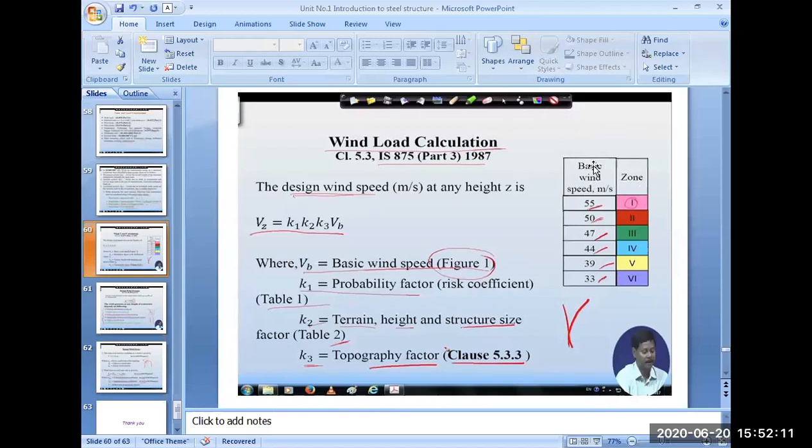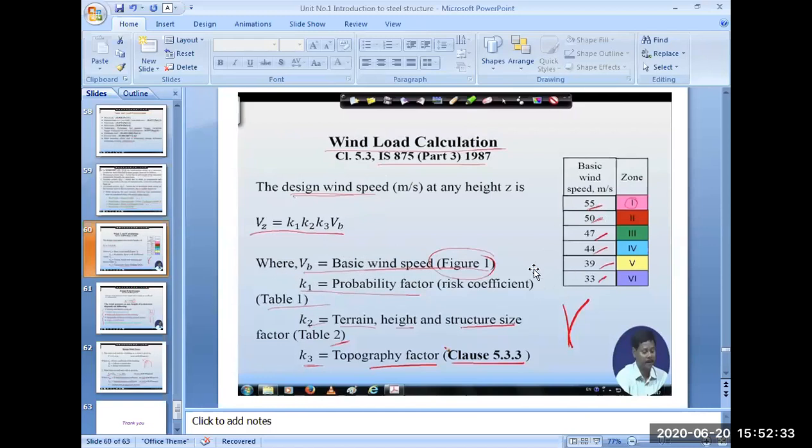So VB is basic wind speed, and we have to calculate the design wind speed. So design wind speed VZ is equal to K1, K2, K3 into VB. So you can take the value of VB from this table. Are you getting?